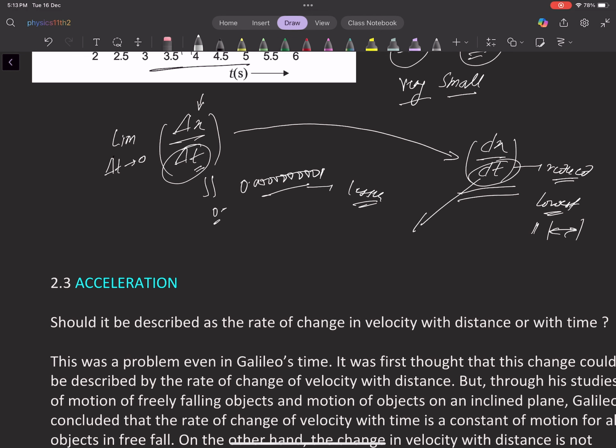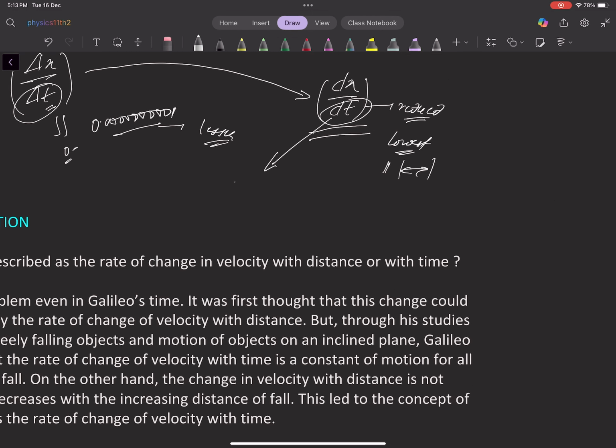So at this particular instant when this point object was traveling, when we have made dt very, very small, this particular event will be considered as an instant, right? Instant means at that particular point of time, that very small time duration.